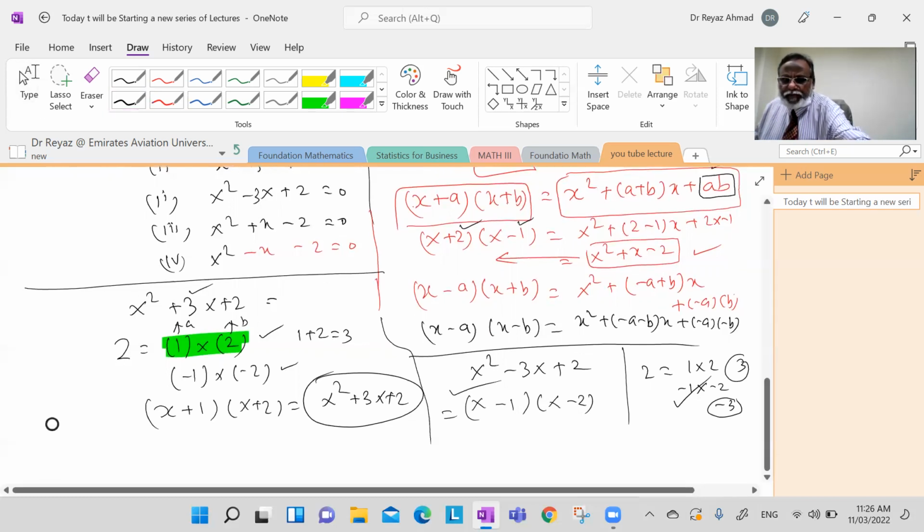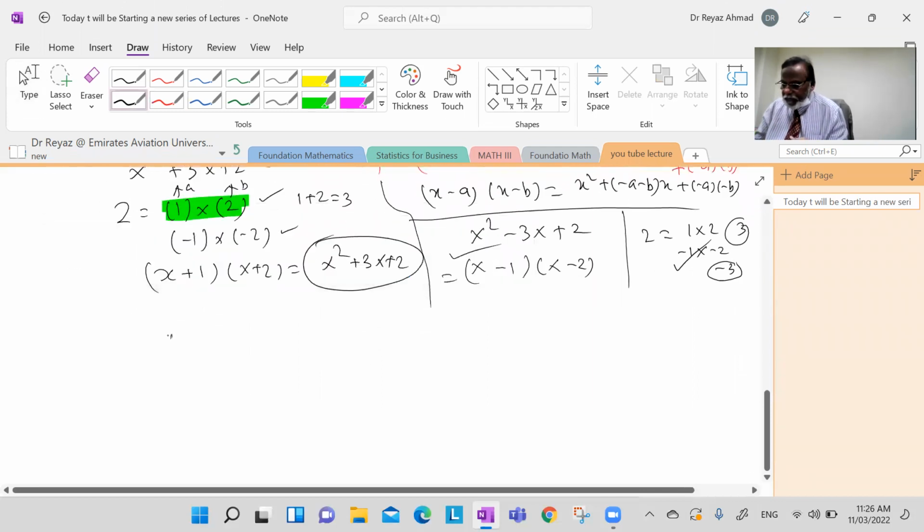Now if I look at the third question, which is x squared plus x minus 2, again you see this is not positive 2, it is minus 2. Here I want to find the two numbers which multiply to give me minus 2. So there are two possibilities: minus 1 and positive 2, and positive 1 and negative 2. I will choose the one which gives their sum to be plus 1.